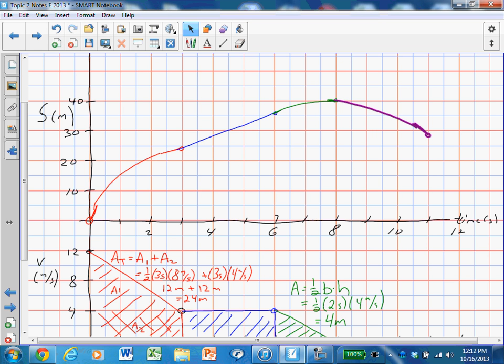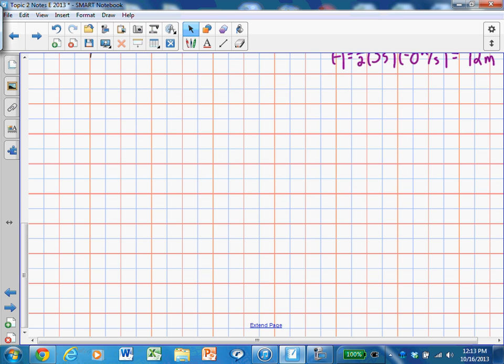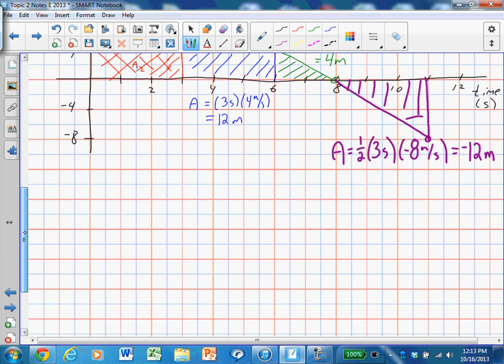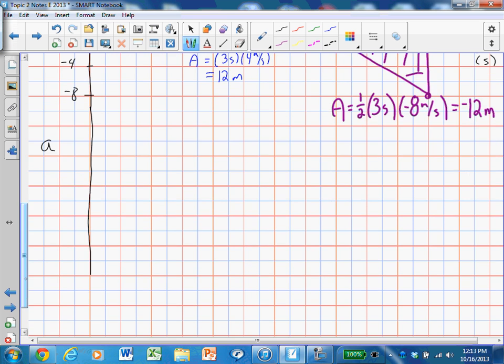We can go to the acceleration versus time graph. It's a little quicker, I think.